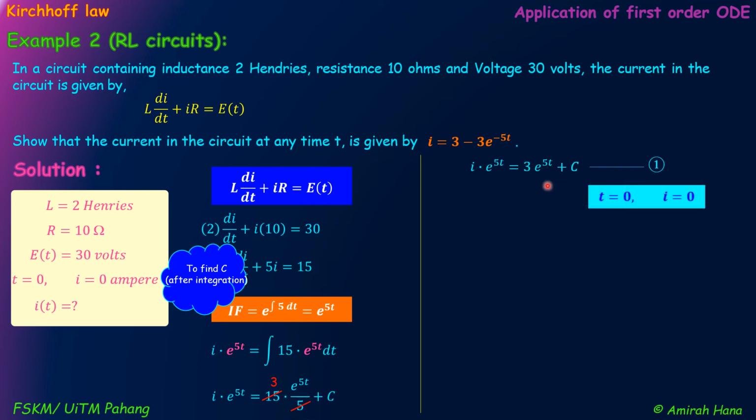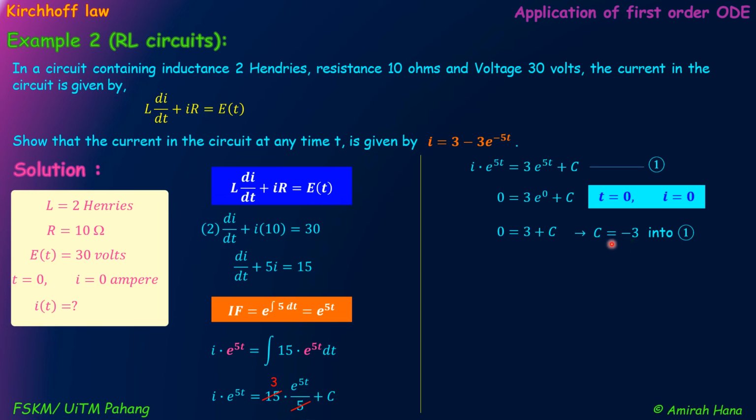So when t equals 0 and I equals 0, after we substitute into equation 1, we get 0 times any value equals 0, and that equals 3 times e to the power of 0 plus c. E to the power of 0 equals 1, so we have 0 equals 3 plus c, and after we solve for c, we get c equals negative 3.